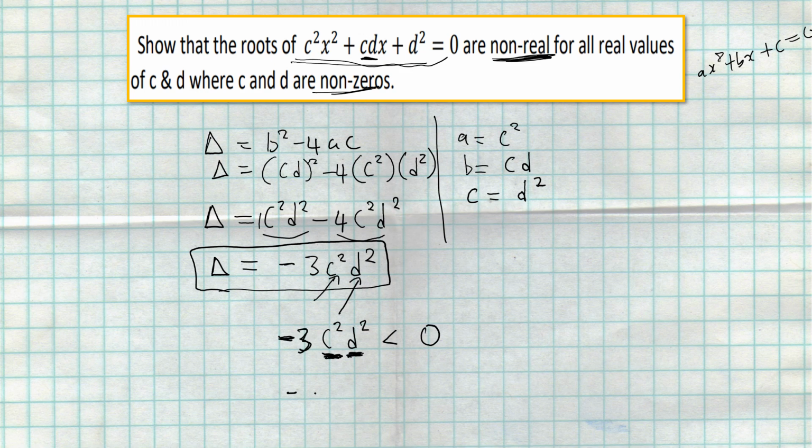So negative being multiplied with positive is going to result in always negative. Hence minus 3c squared d squared is always going to be less than 0, right? Therefore we can conclude that our delta is less than 0. That is what we can conclude, and that's how you prove that.